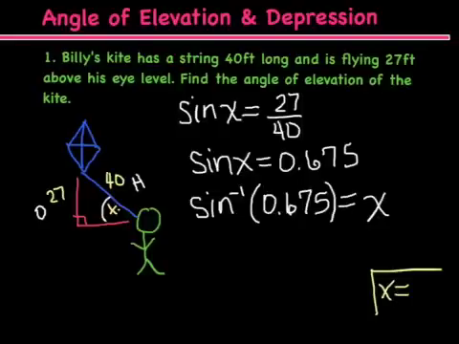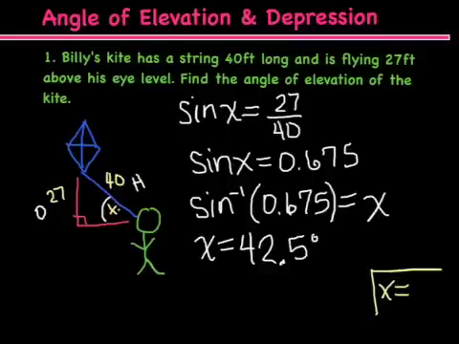I'm going to use my handy dandy calculator to find that answer. I'm punching it in right now, and I end up getting that x equals 42.5 degrees. So that would be the angle of elevation of the kite. So my answer would be 42.5 degrees. Pretty easy, huh?